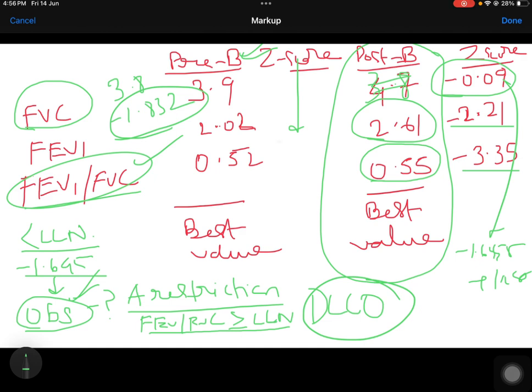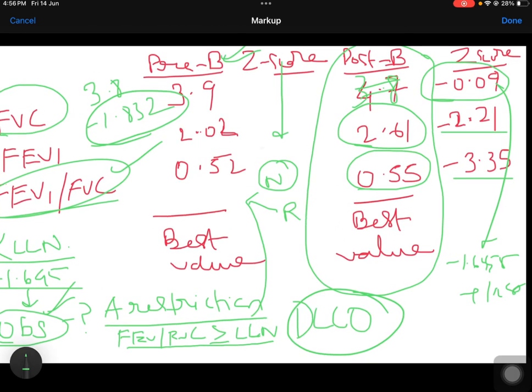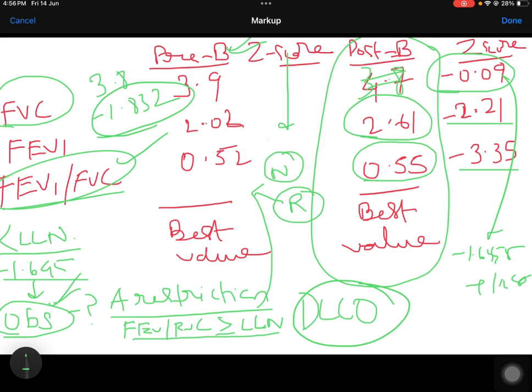If it is more than the lower limit of normal, either it can be a normal spirometry or the patient may be having a lung restriction. So when we see the FEV1 by FVC ratio more than the lower limit of normal, there are 2 differentials: either it is a normal spirometry or there is some restriction.